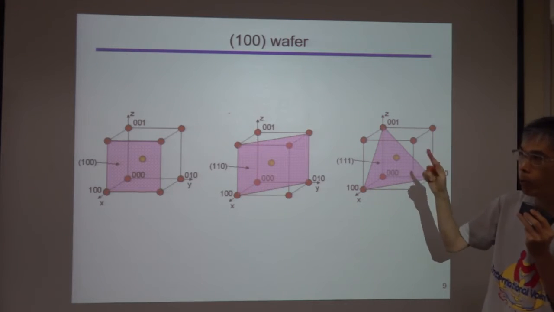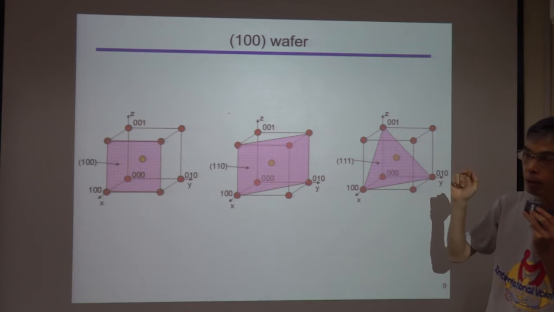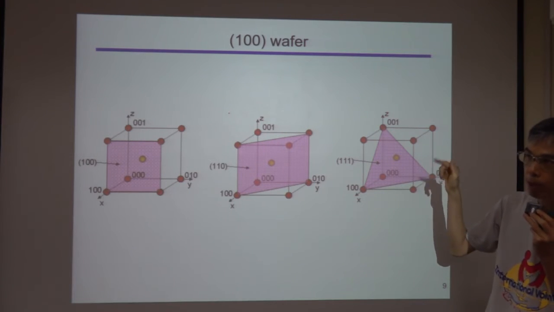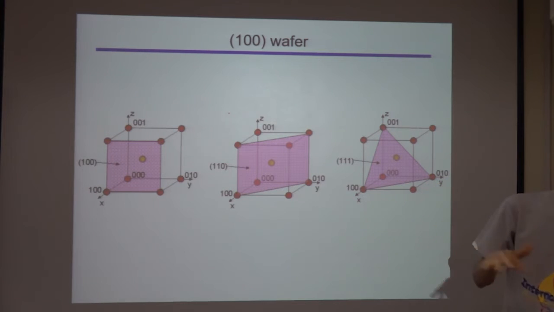So 1 1 1 is equal to -1 -1 1, equal to -1 1 -1, equal to -1 -1 -1, equal to 1 -1 1. They are the same. They are in a family, the 1 1 1 family.